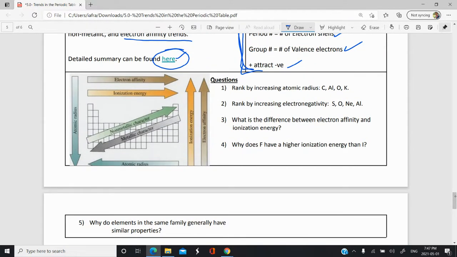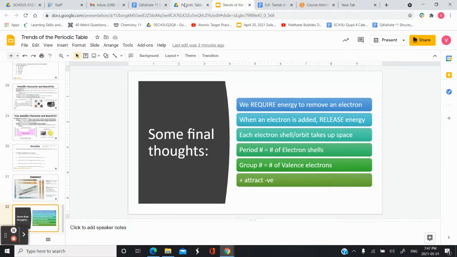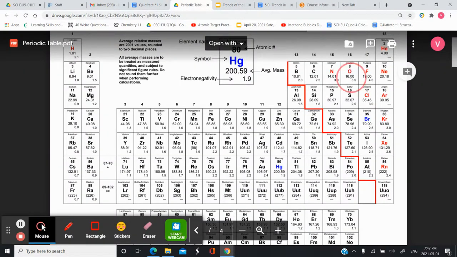Rank these by increasing atomic radius. So we want from smallest to biggest in terms of atomic radius. And we know atomic radius is larger towards the left and the bottom. So we have carbon, aluminum, oxygen, and potassium. So oxygen's smaller than carbon.